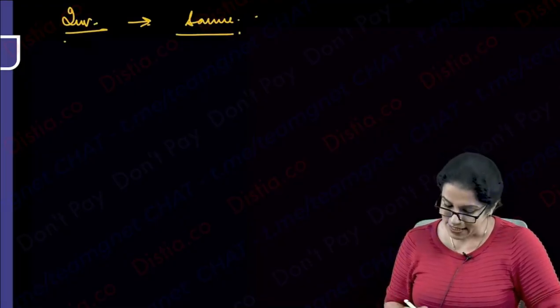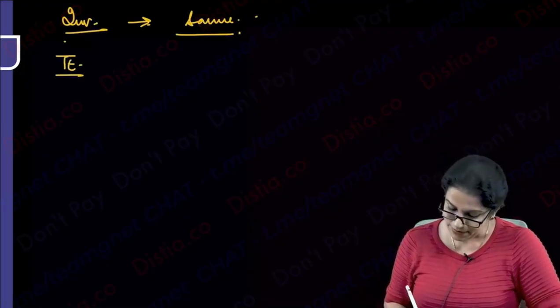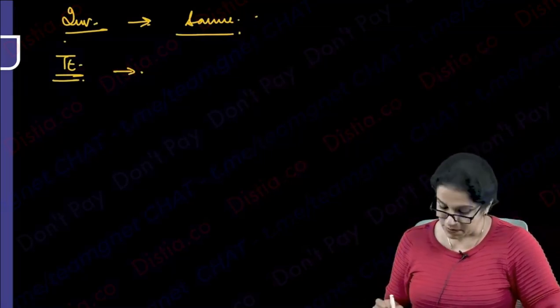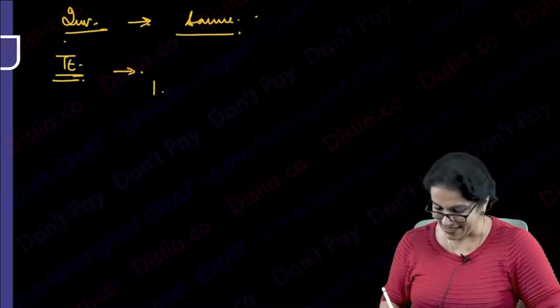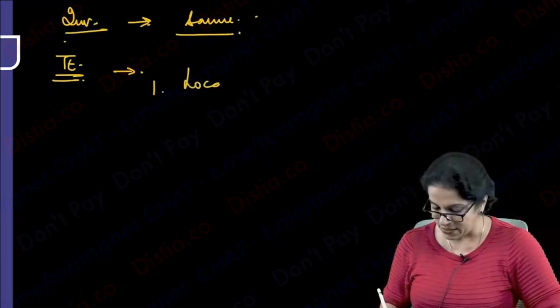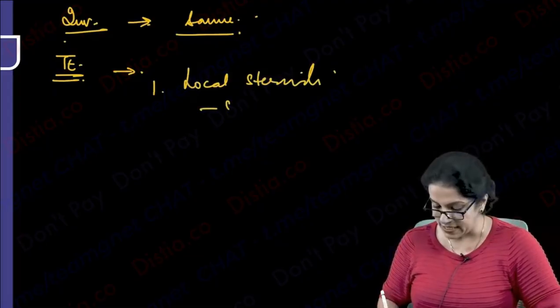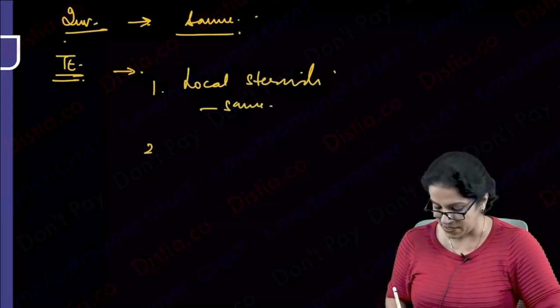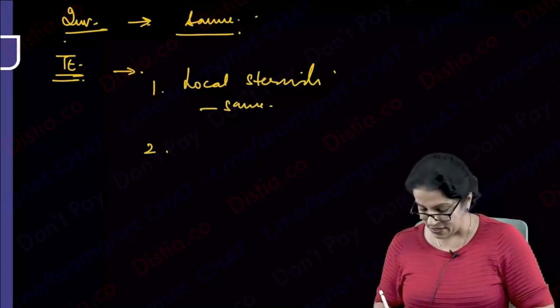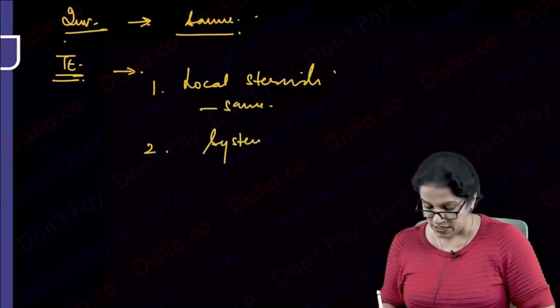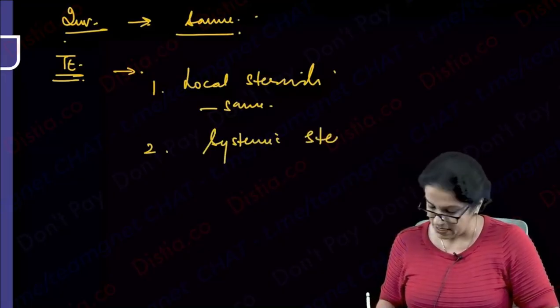Then we talk about the treatment part. The treatment is again very simple: local steroids, exactly the same way that you have learned for intermediate uveitis. I am writing 'same' here to make things simple for you. And if it doesn't work, we go for systemic steroids.